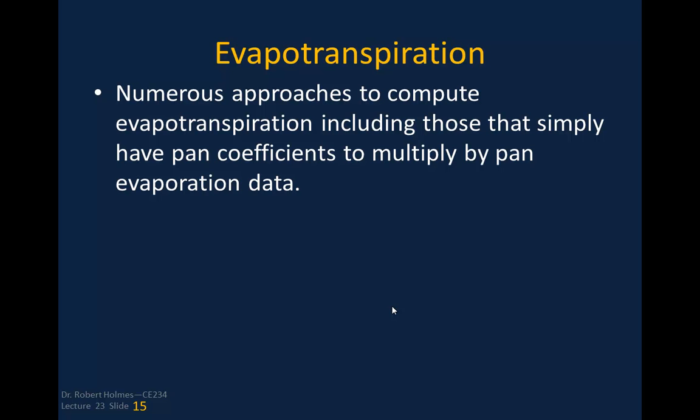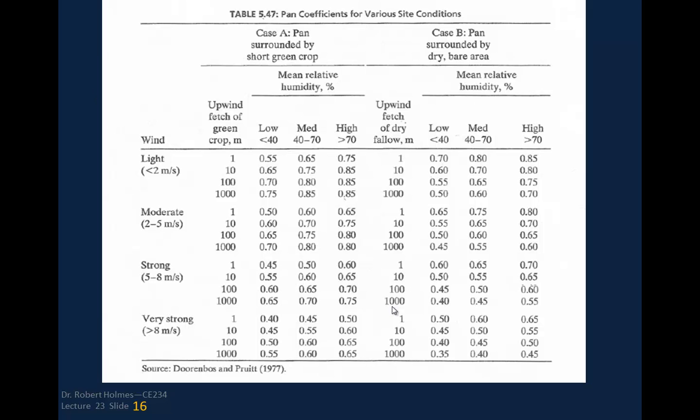It's a larger water body. So these would be Pan coefficients altered to accommodate not only the evaporation of the larger water body of the lake, but also the transpiration. And you can see those.